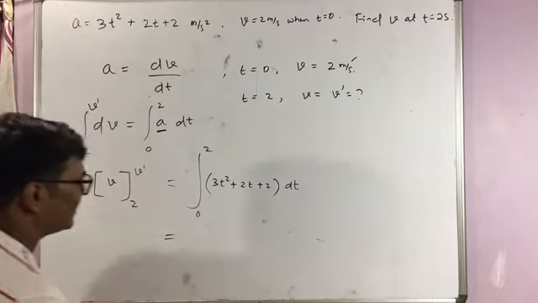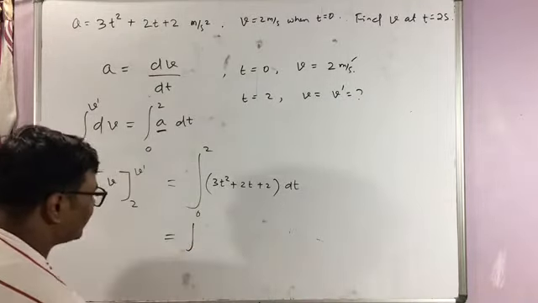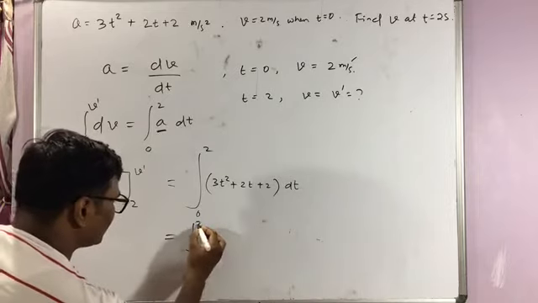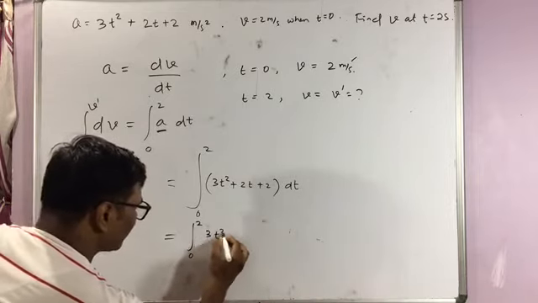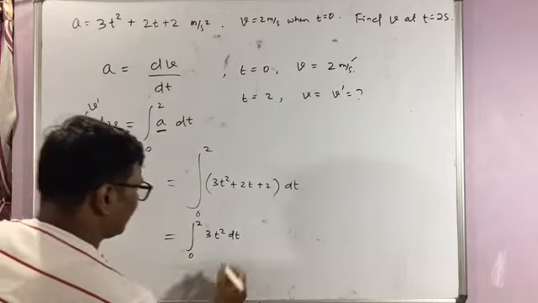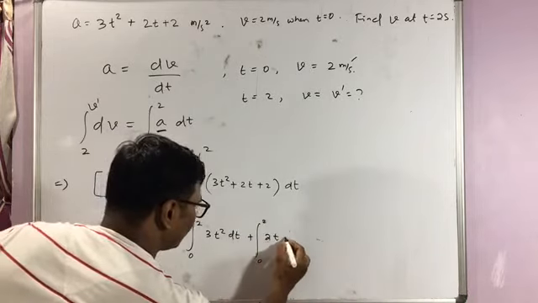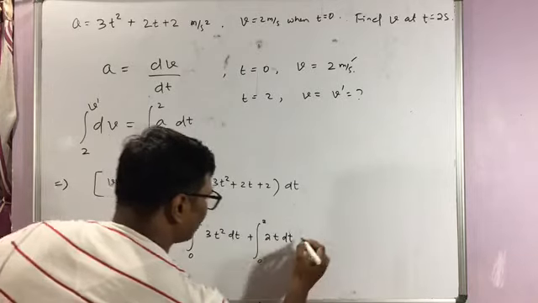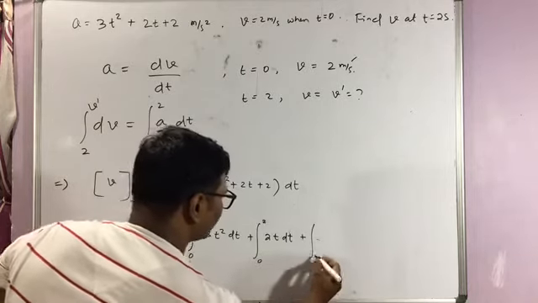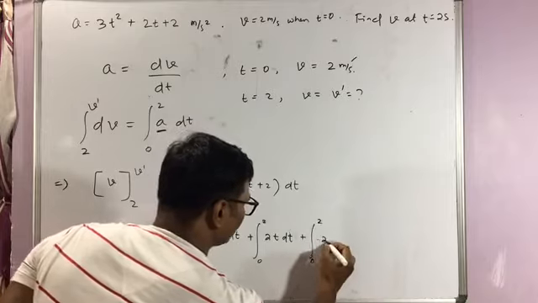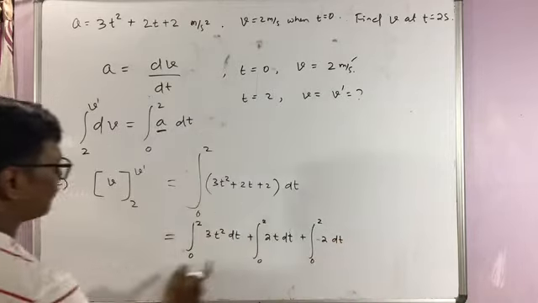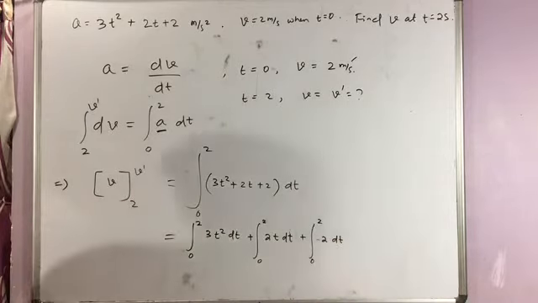Three functions are added together, so you need to integrate them separately. Integration 0 to 2 of 3t square dt, plus integration 0 to 2 of 2t dt, plus integration 0 to 2 of dt. This is the formula of your definite integration, because limits are given.